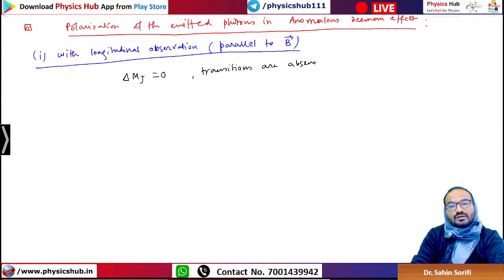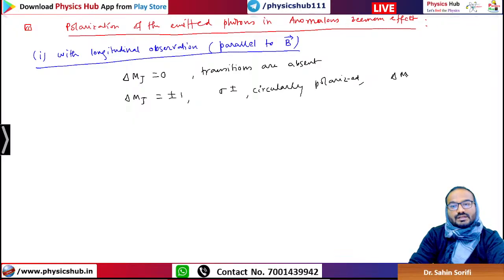We have told you the pi component is absent for longitudinal observation, and delta mj equals plus minus 1 will give you sigma plus minus circularly polarized light. This will be present, circularly polarized.